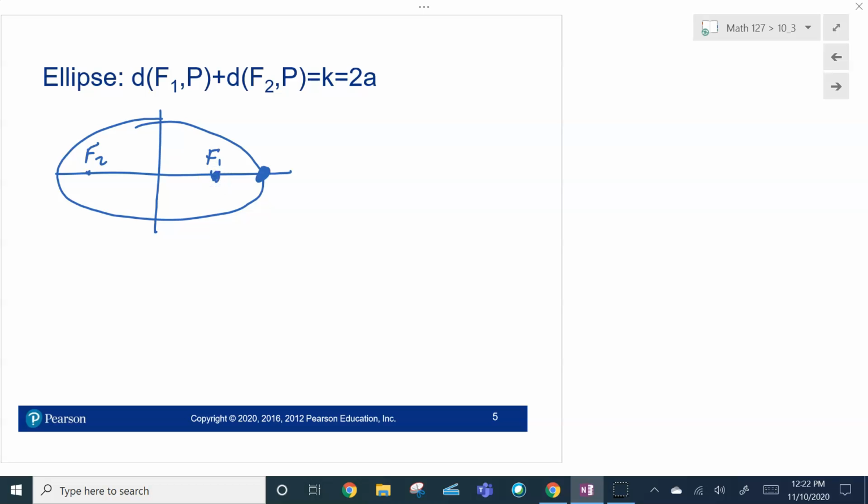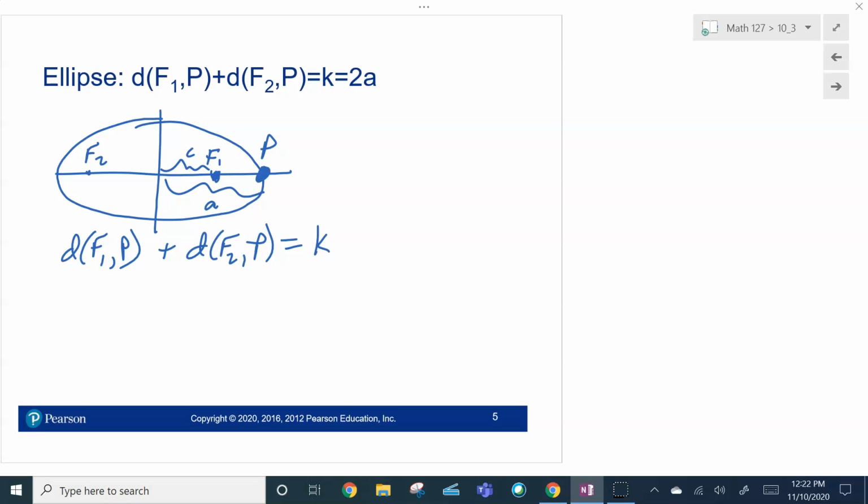If you remember, that distance is a, that distance is c. So what is this distance from F1 to P, plus, because we know this is a constant, the distance from F2 to this point P? This is a fixed constant k, but what is it?